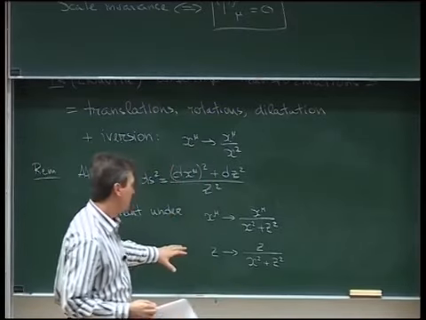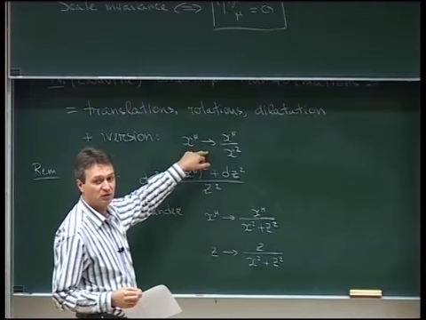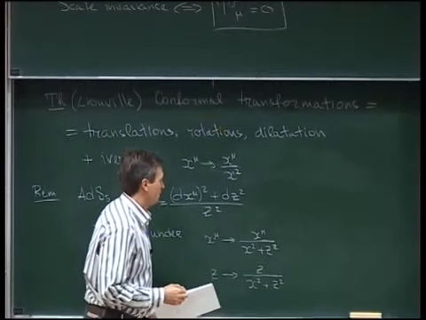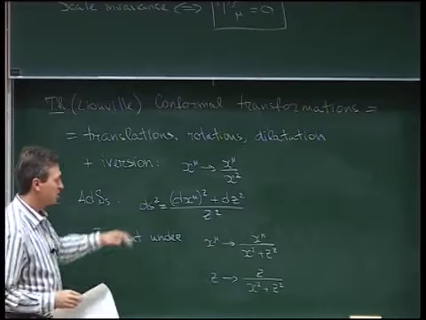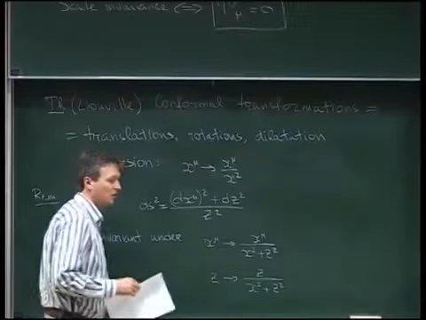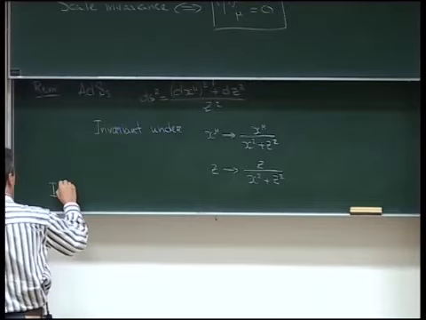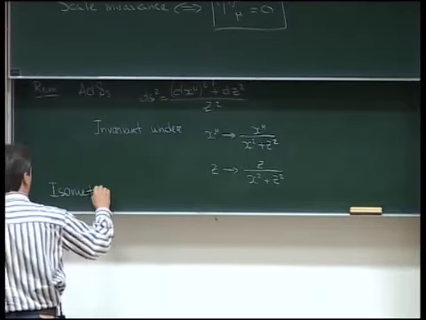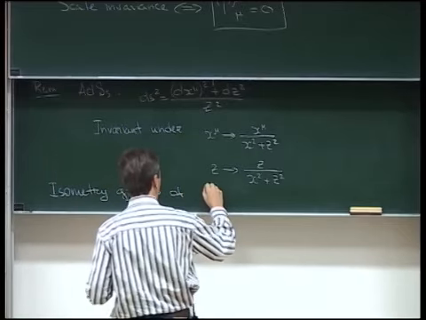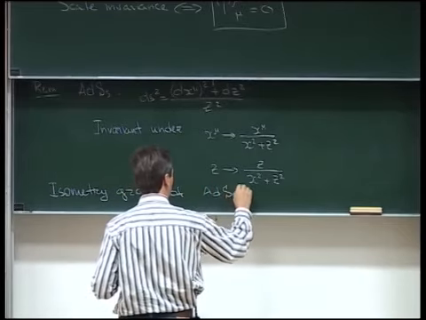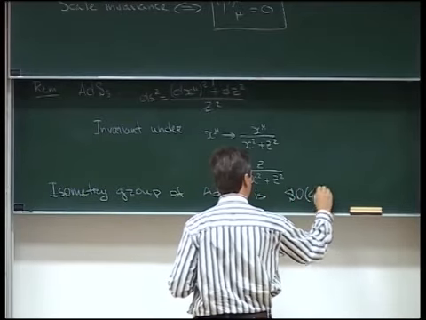Now, at the boundary of anti-de Sitter space, when z is 0, this reduces to the usual inversion. So, a combination of all of these transformations generates the same conformal group. So the isometry group of AdS5 is SO(4,2).